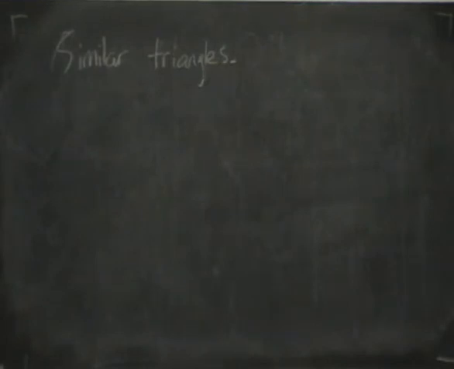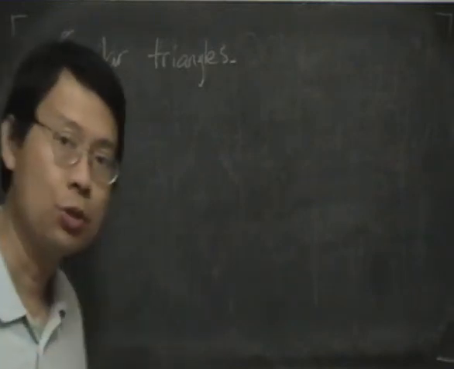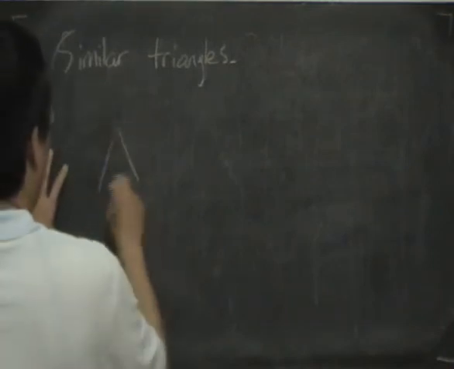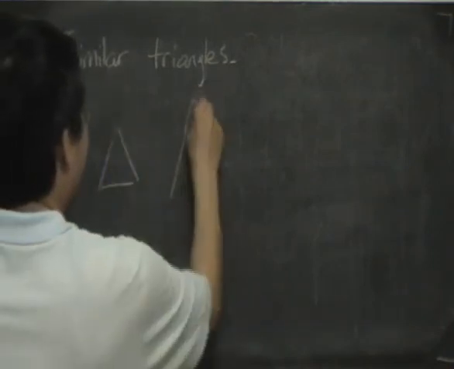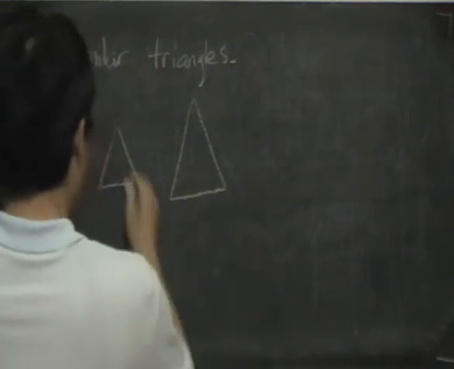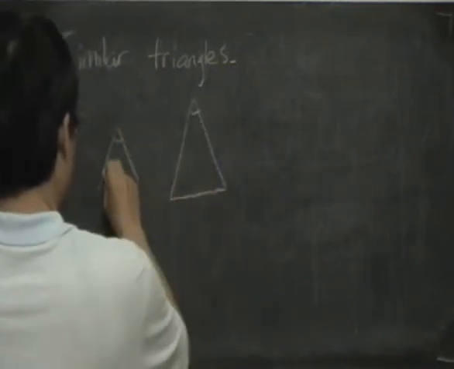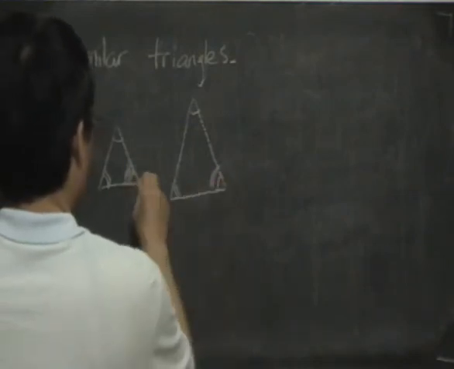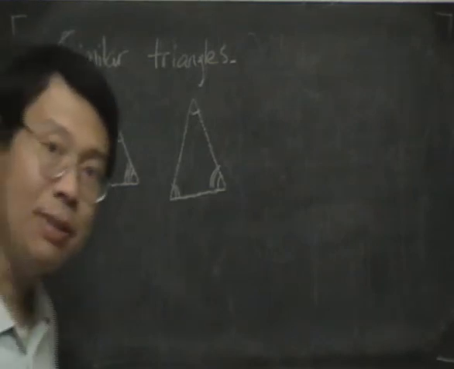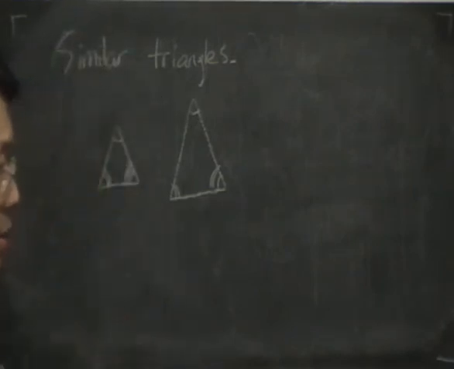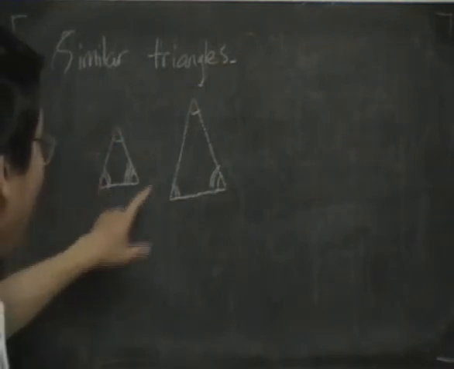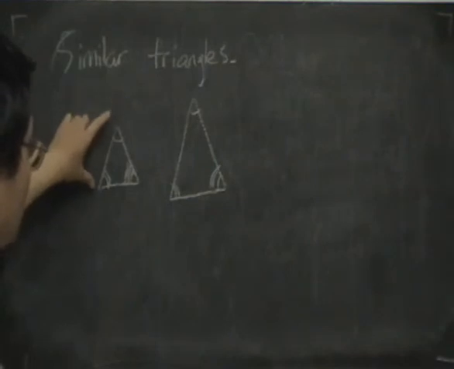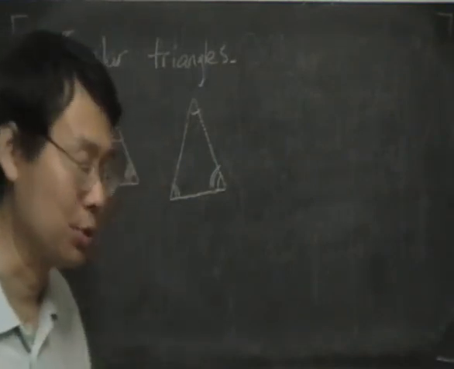Now next, I'm going to talk about similar triangles. Similar triangles are triangles that have all the angles equal, but for which the sides can be different, right?